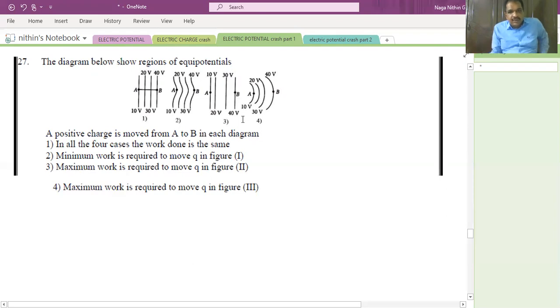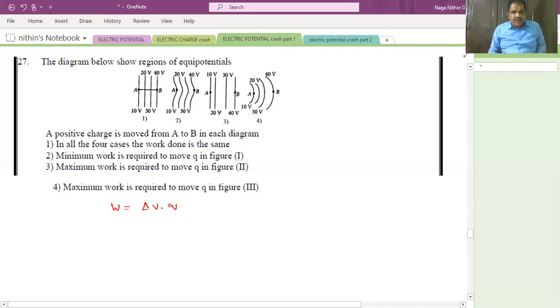Where will more work be done? Work done is independent of the shape of the equipotential surfaces. What is the formula? W is equal to delta V into Q. Potential difference is the same only. Whatever the shape may be, potential difference is the same only.